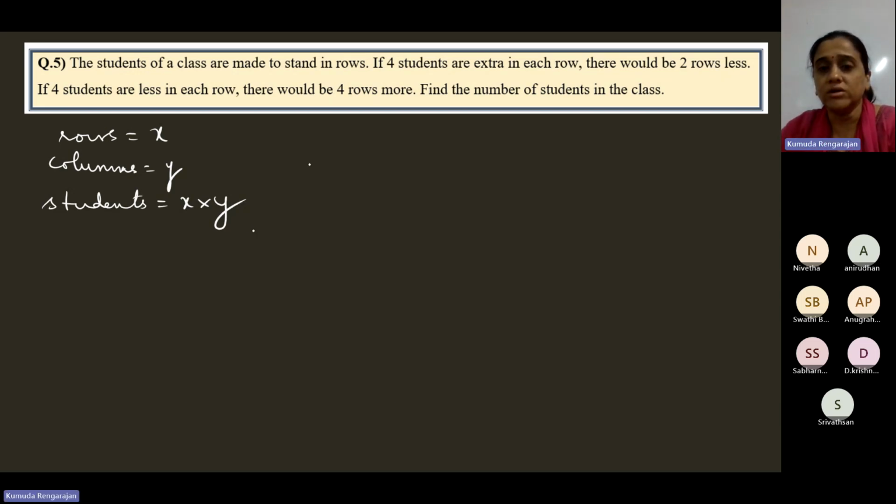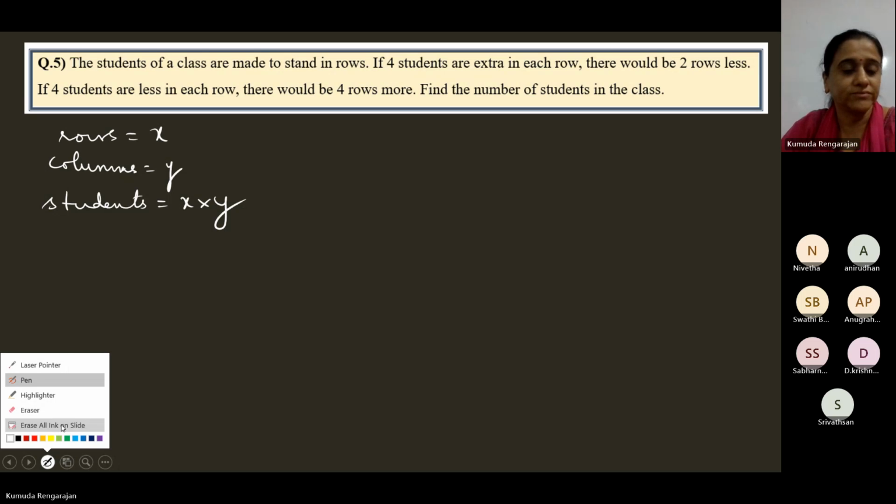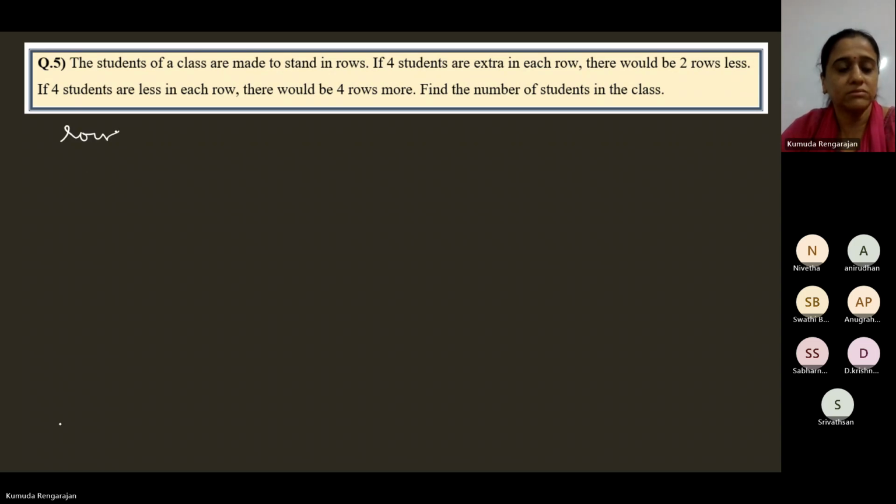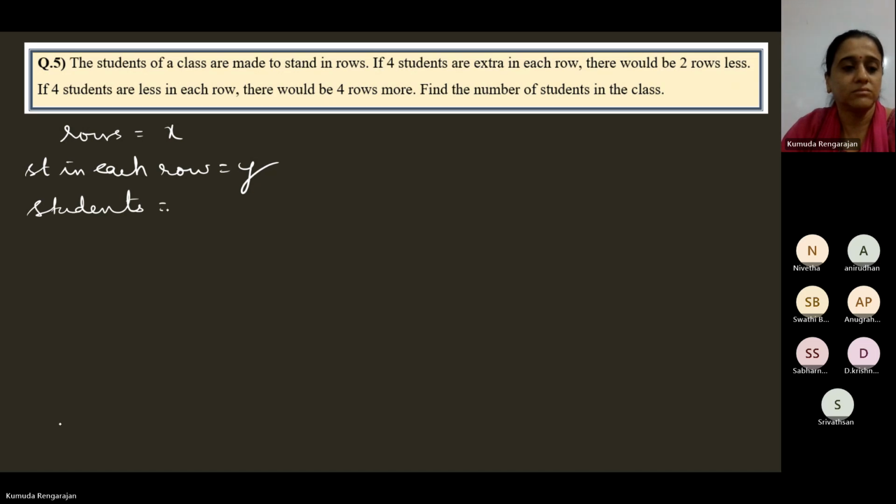Rows X, students in each row Y, total students XY.